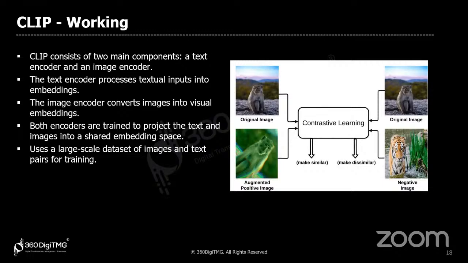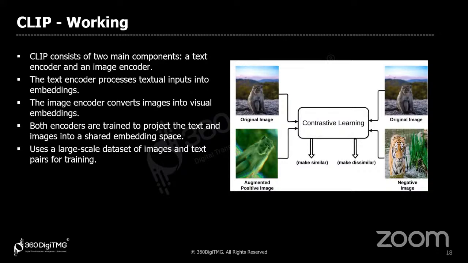The text encoder converts textual inputs into embeddings, and the image encoder converts the image into embeddings as well.